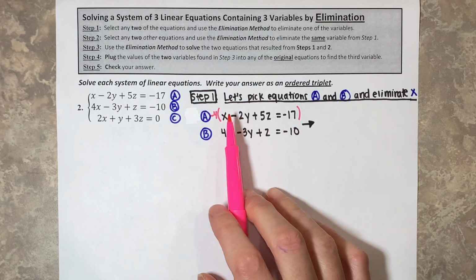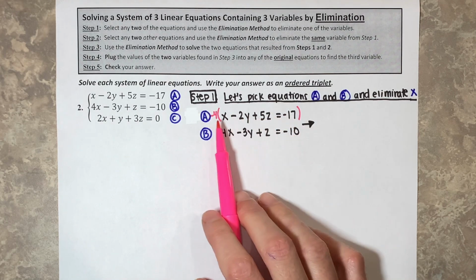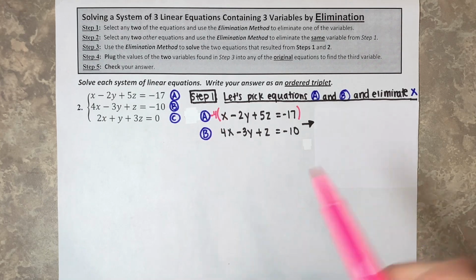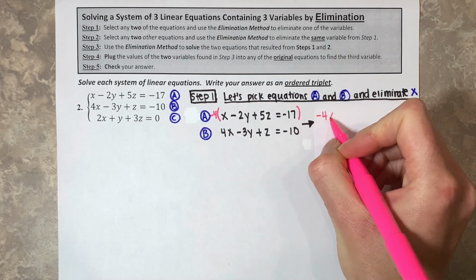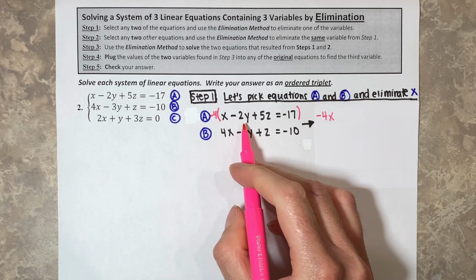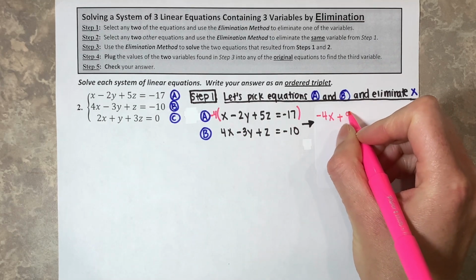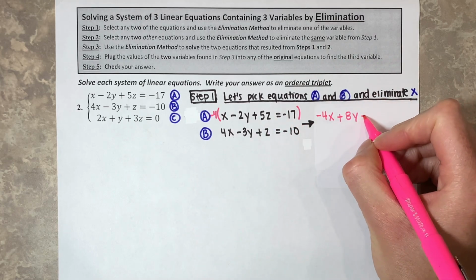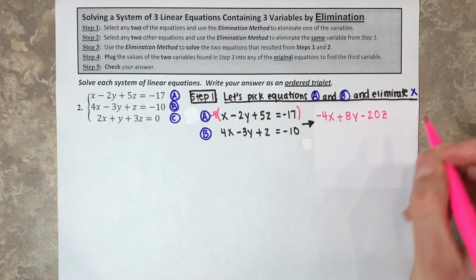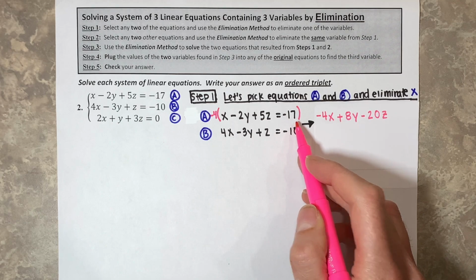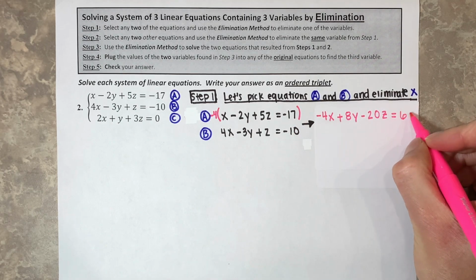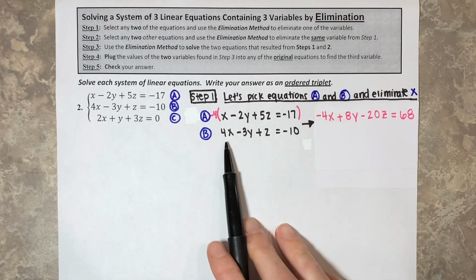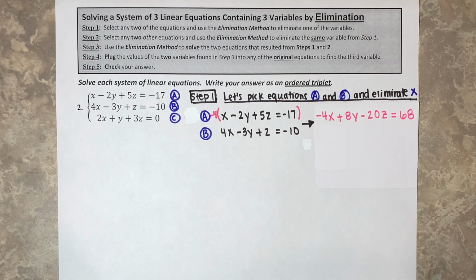So we want to multiply each and every term of this equation by -4. -4 times x will give us -4x. -4 times -2y will give us a +8y. -4 times 5z will give us a -20z. And -4 times -17 will give us a +68.